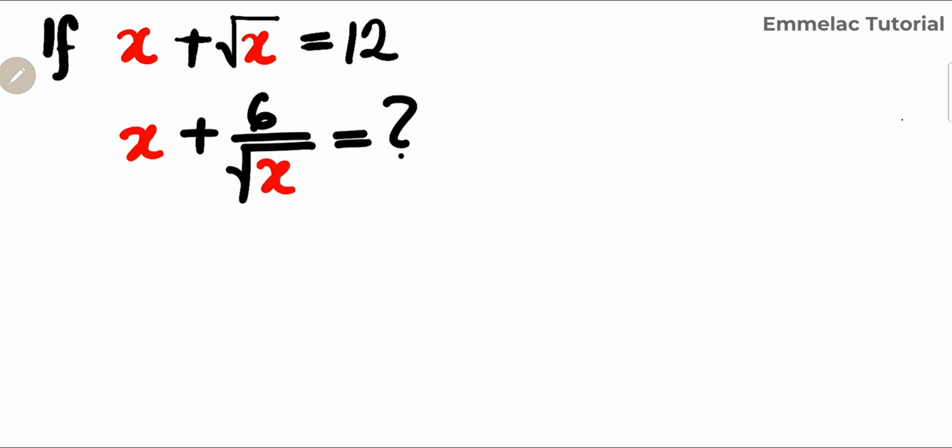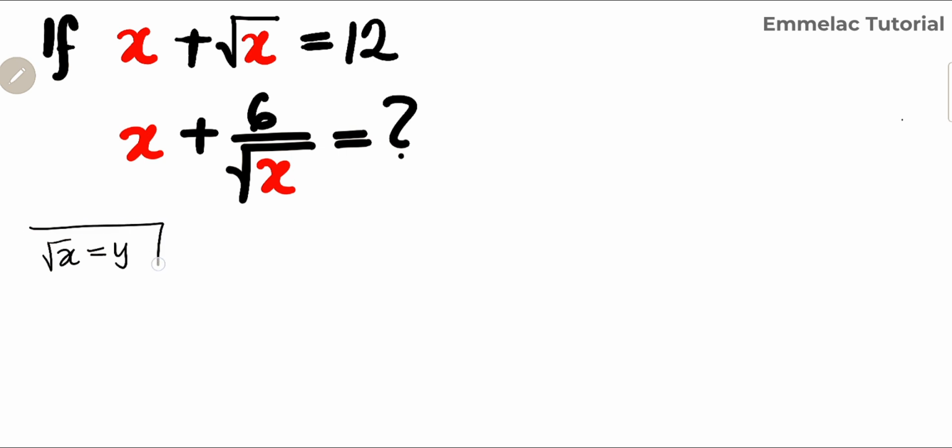So for us to make our working process simpler, let's make the square root of x a variable. I'll be making use of, let's say, y. So I say here, the square root of x then equals y.